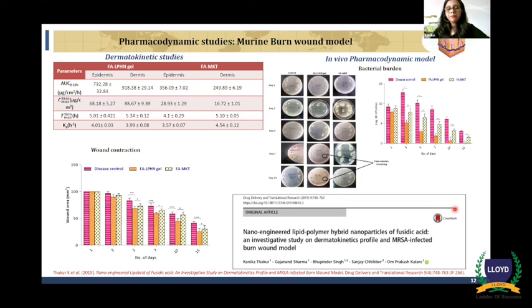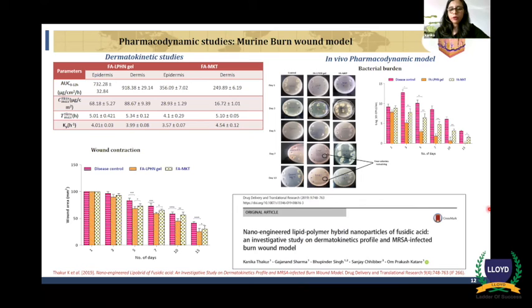So in this case, after the mice were inflicted with the burn injury, methicillin resistant Staphylococcus aureus was used as a bacterial infection, and that was placed upon the burn injuries in order to see what kind of effect the formulation would have, not only on the burn injury itself, but also on the level of the bacterial burden. So it was important to not only heal the wound, but also to reduce the bacterial numbers which were there, which would ultimately lead to the final healing.